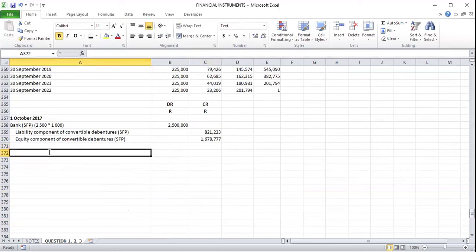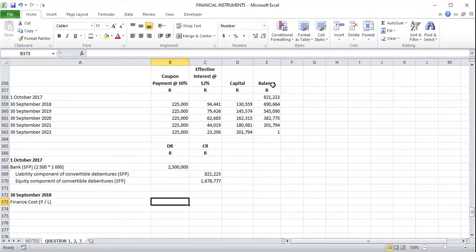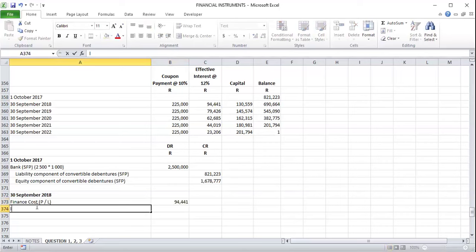Then on 30 September 2018, we'll debit our finance costs, the effective interest. Then we debit liability components of convertible.